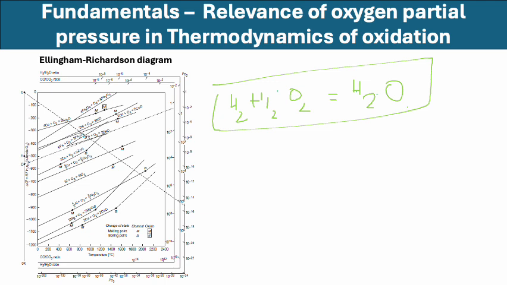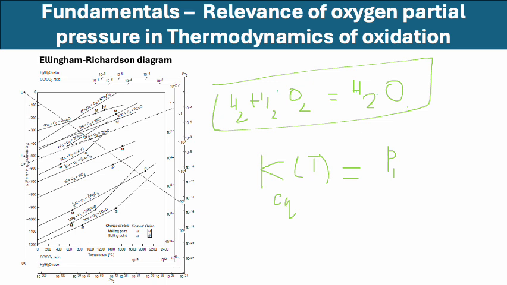So in this reaction, if you know the equilibrium constant, that we have tables, we can determine the equilibrium constants of this reaction as a function of temperature. What this is, is the equilibrium, K equilibrium. If you remember concepts from chemical thermodynamics, it is nothing but the product of the combustion, that is H2O, divided by the reactants.